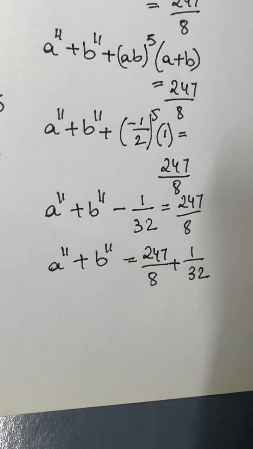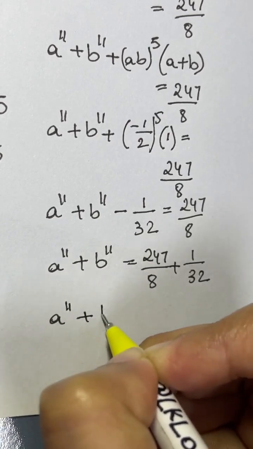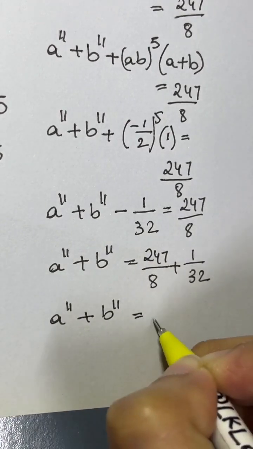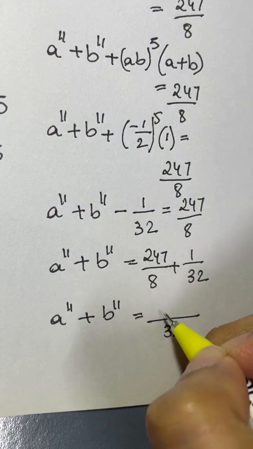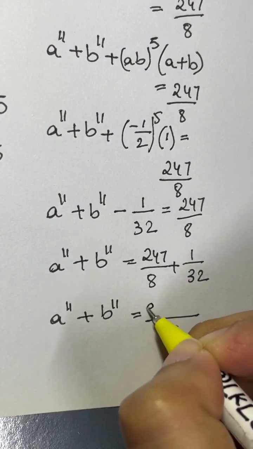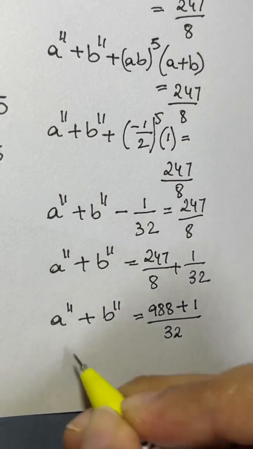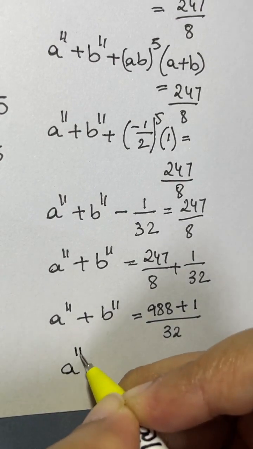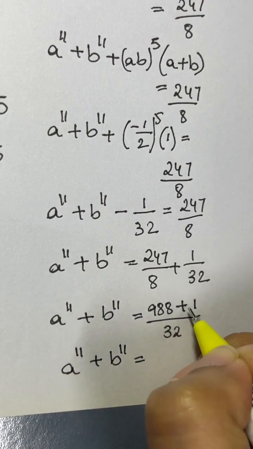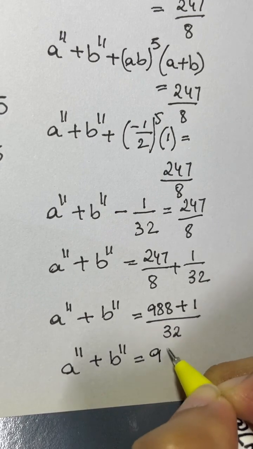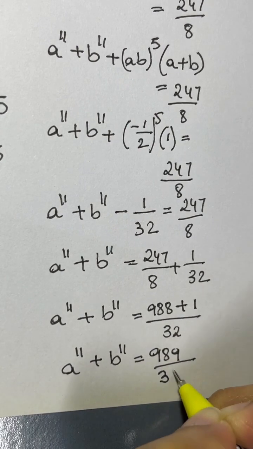So when you take out the LCM, you have a to the power of 11 plus b to the power of 11 is equal to, over 32. So 247 times 4 is 988 plus 1. So a to the power of 11 plus b to the power of 11 is 988 plus 1, 989 over 32.